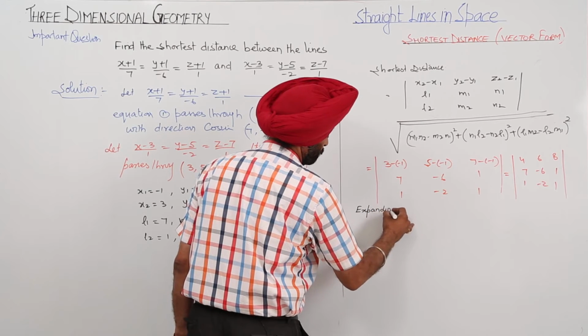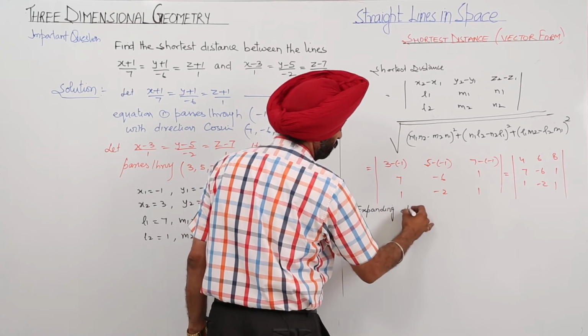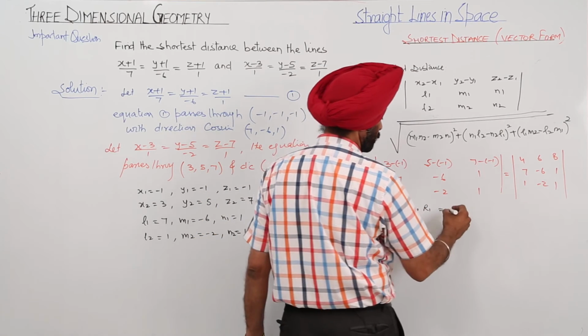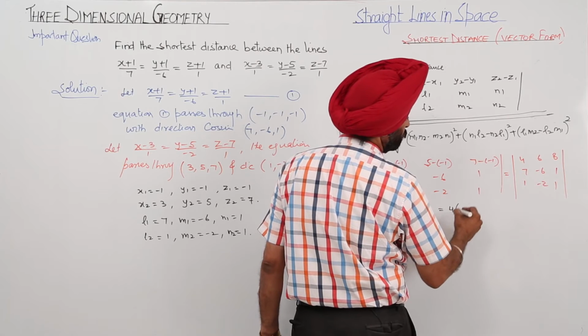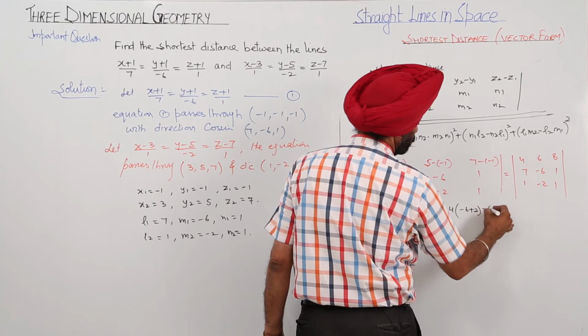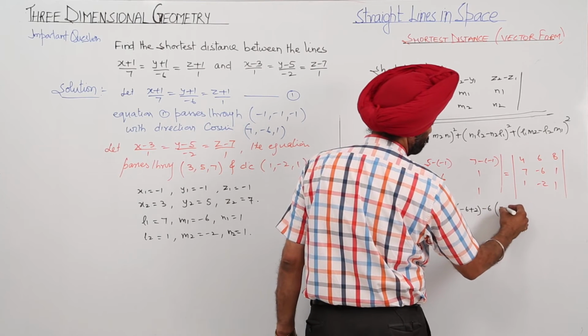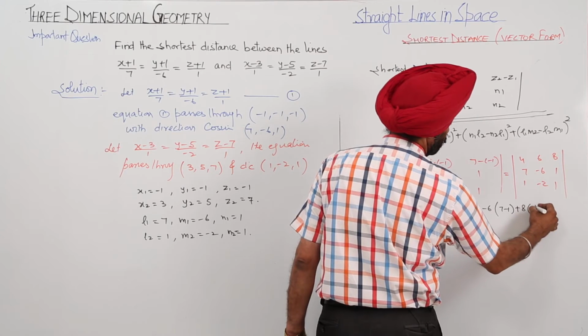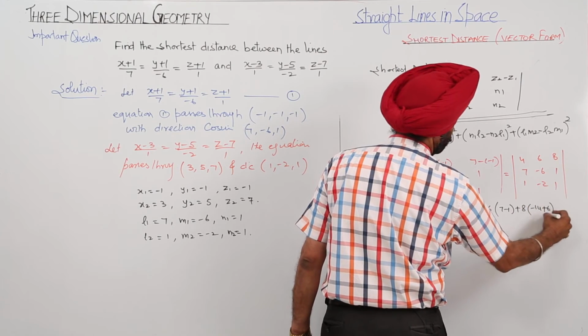Expanding along R1: 4 times (-6 + 2) minus 6 times (7 - 1) plus 8 times (-14 + 6).